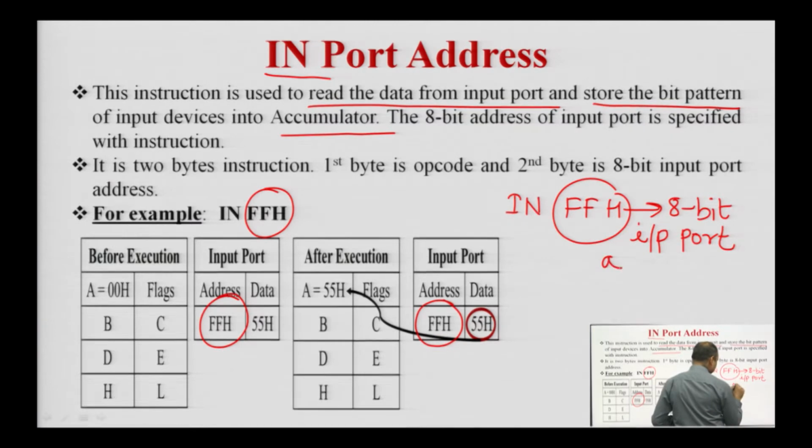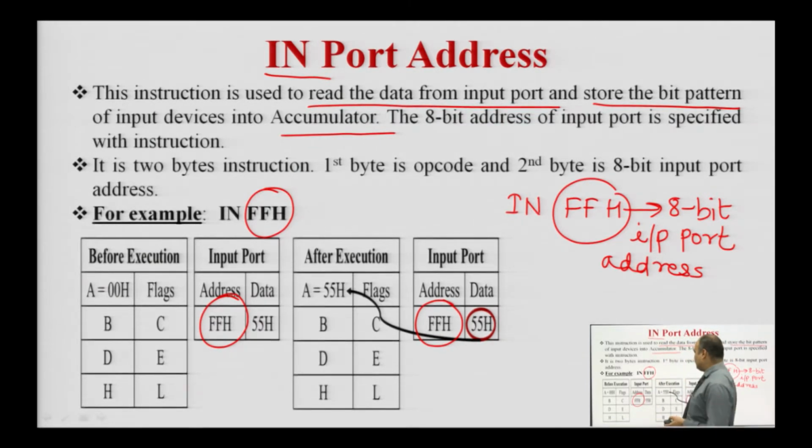This is the port address where the input devices are connected. An example of input devices is switches. We can connect 8 switches to this port address. Whenever this instruction is executed, the microprocessor reads the status of the switches connected to the input port having address FFH.